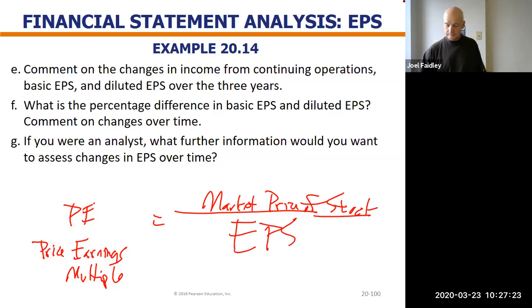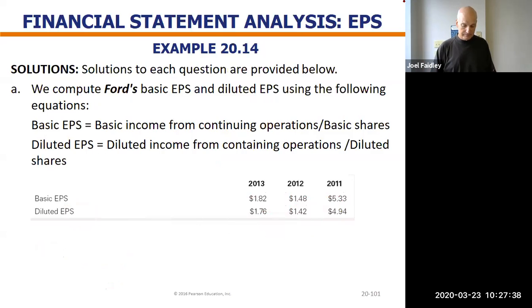That's your multiple. Whether it's basic or diluted, you can have a PE for both of those. But that's very, very straightforward, so you should be able to do that on the exam. I don't know if you need really an exercise for that, but PE ratios are very common.